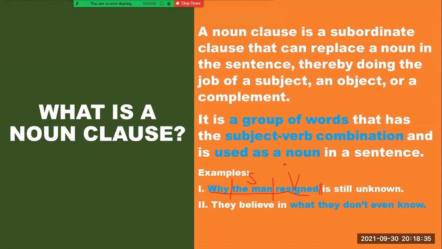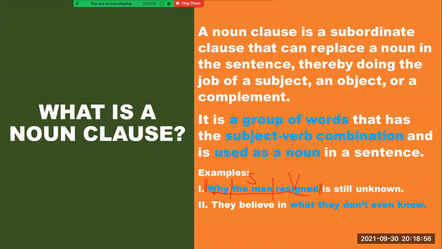And then another thing we notice is that this particular noun clause begins with a WH word. This is a relative adverb, if you like. Why the man resigned is still unknown.